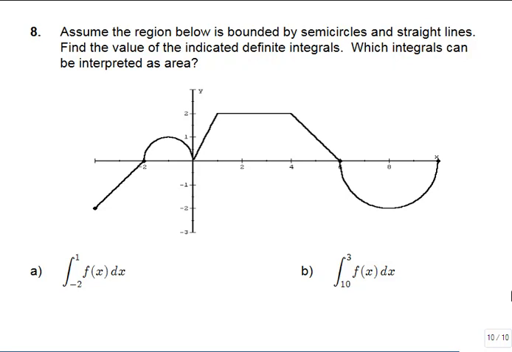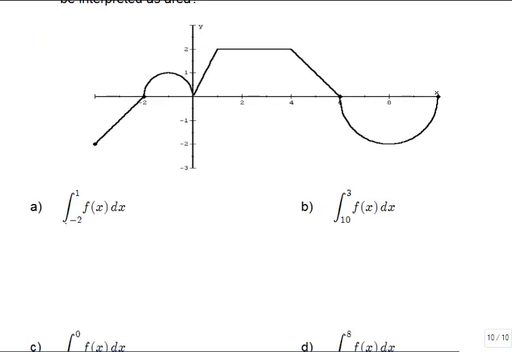So let's take a look at this first one. We want the integral from -2 to 1 of this function. So -2 is right here, and 1 would be right here. So the integral from -2 to 1 means the area underneath this graph all the way up until we get to 1.